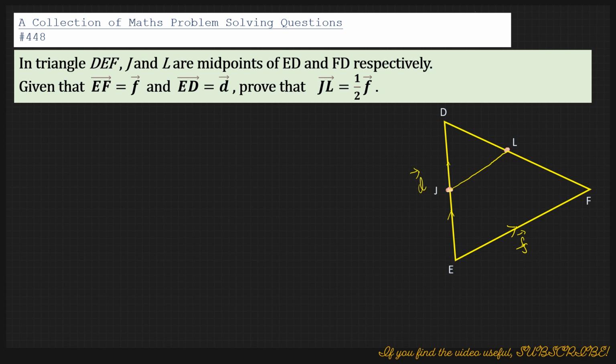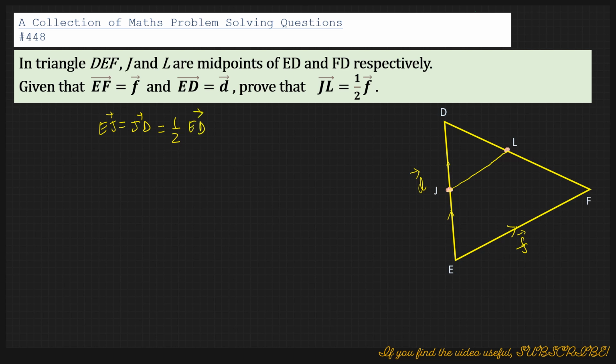So to start with, you see J is a midpoint of ED. J is a midpoint, so we can say that EJ equals JD, and that equals half of ED.